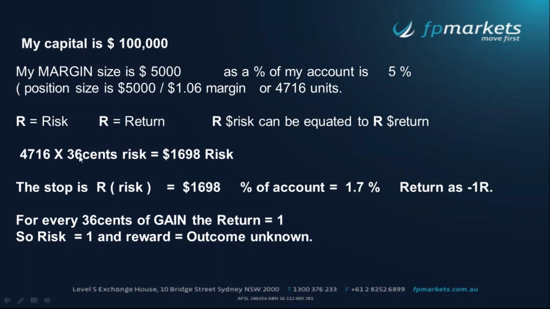The 36 cents of our original risk gives us $1,700 of risk in dollar value, and whatever that dollar value is simply becomes the R value, -1R. So if the trade goes to a loss, we end up down $1,700, 1.7% of the account. That needs to be decided, whether that is acceptable or not.